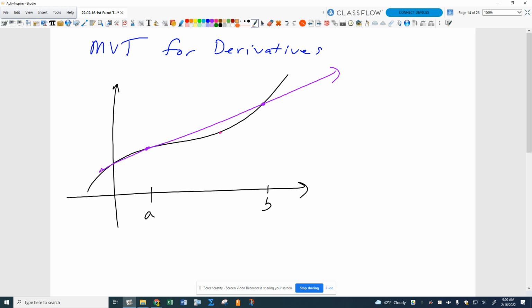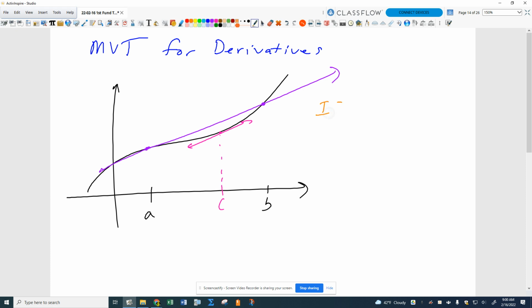And it looks like in this case, it would be about there. And so we would call that value c. Okay? So again, this is an existence theorem. It just tells us that if you meet these criteria, then there exists something interesting. And here's the something interesting.